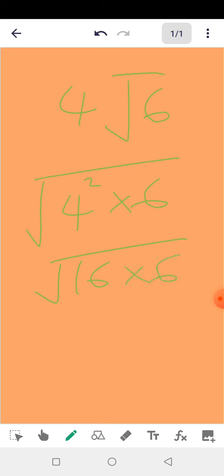I'm doing a quick one here. I guess that will be 96, right? I think I'm correct, 96. I just checked with my brain. It's a simple sum. 16 times 6, 96. So our answer will be square root of 96.